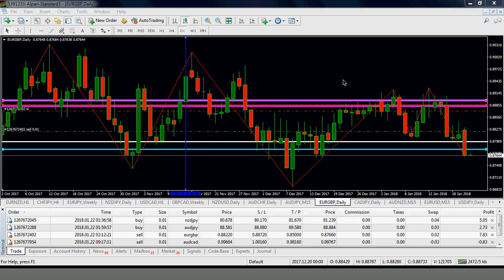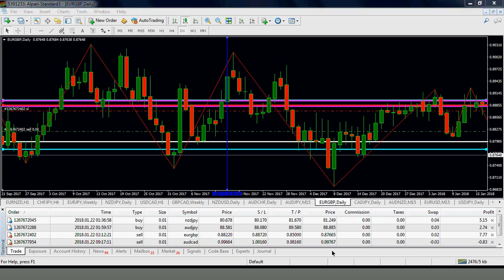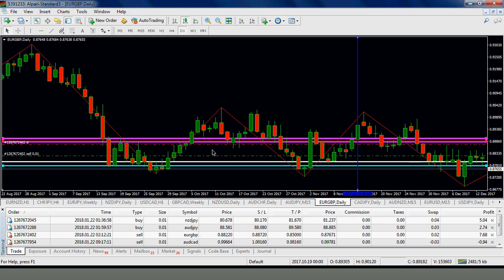So let's look at more examples. Let's look at this candlestick here. The zigzag line was hanging at this point, and it is likely it was hanging on this candlestick, but I'm not too sure.